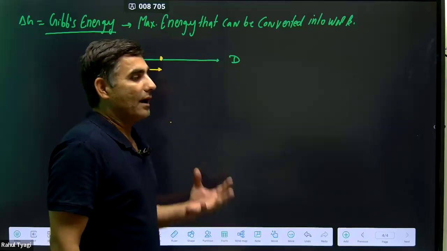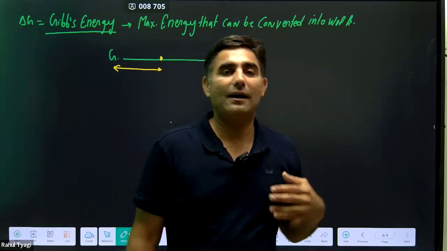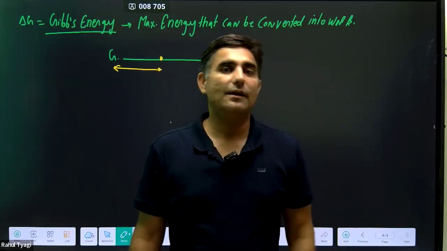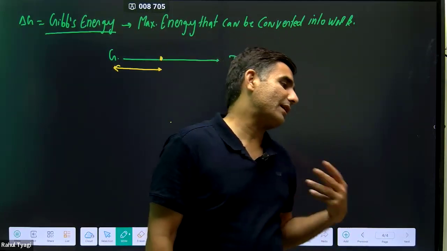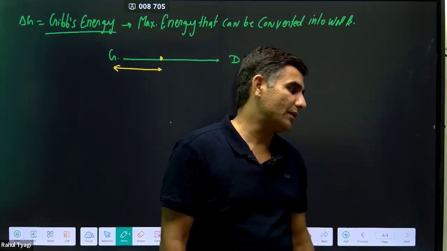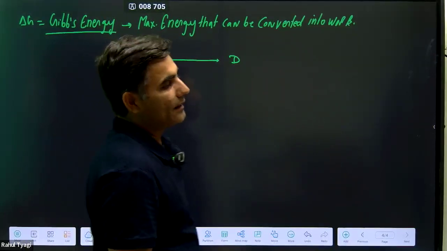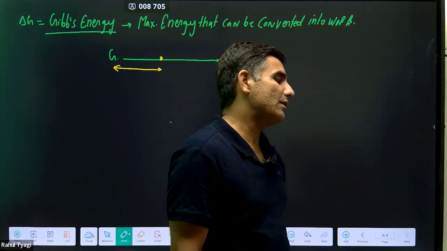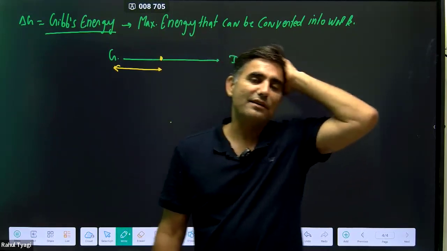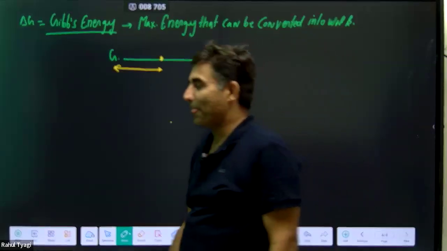Then I do 100 push-ups, and whatever energy I lost in those 100 push-ups, this is called Gibbs energy. The energy that I can convert into work is what we call Gibbs energy, and the energy that I cannot convert into work, we do not call Gibbs energy. Earlier, before 2004, there was a convention: we called it Gibbs free energy.